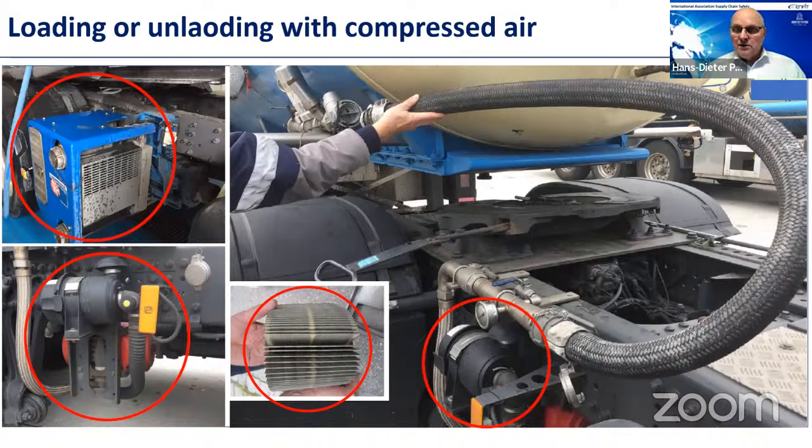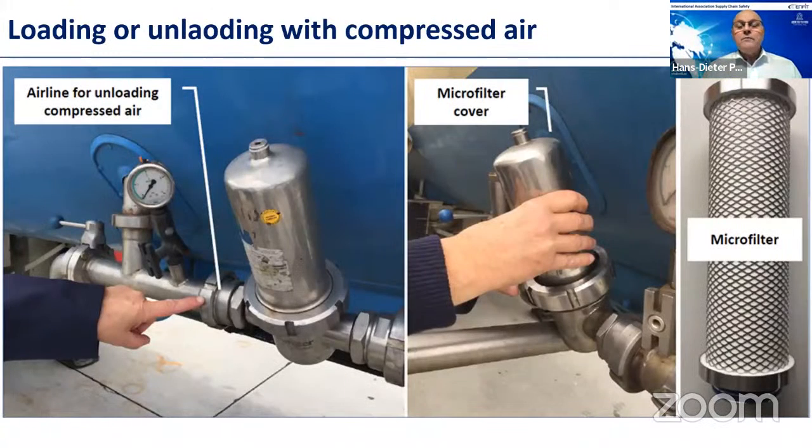I know companies that use their own compressor systems to do the unloading of a silo or liquid truck themselves. Of course, they have much more space to do the right treatment of the air, to make it really free of oil and free of dust and dirt, for this unloading. A lot of trucks have what they call a microfilter. It sounds good, yeah?